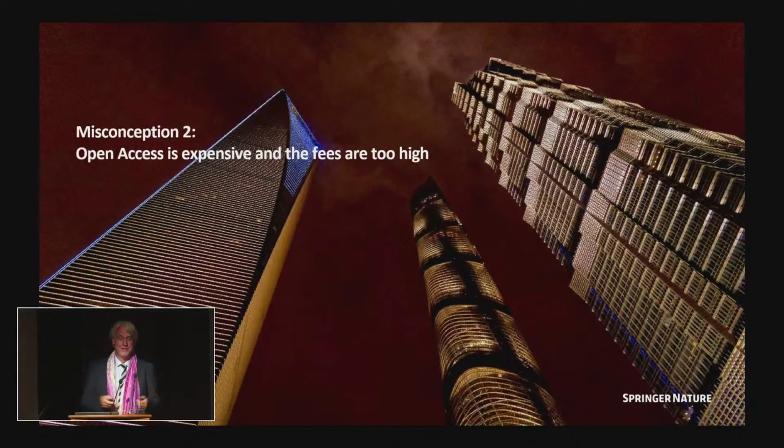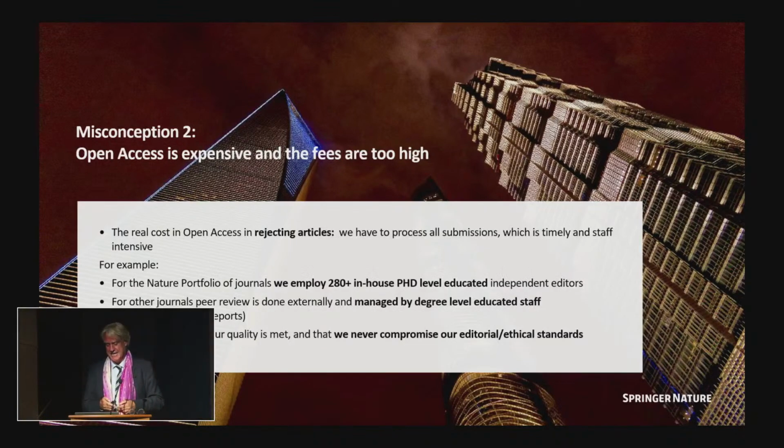The second one, we already touched on it, is open access fees are expensive and the APCs are too high. And I would say, yes, it's a problem. Equitable open access is something which we need to tackle, and which we are working on.